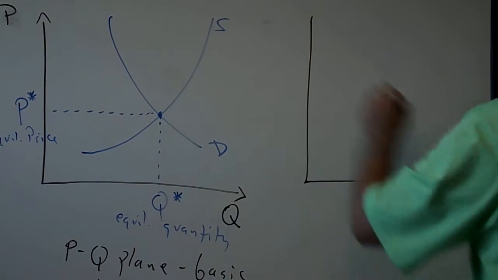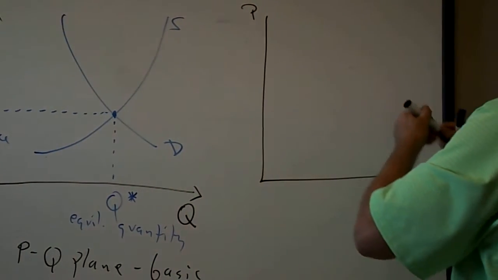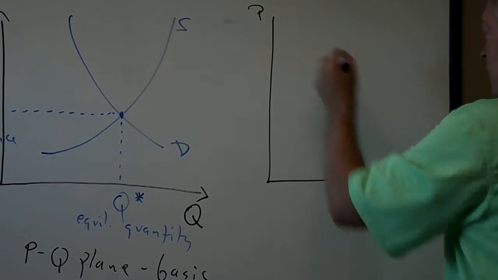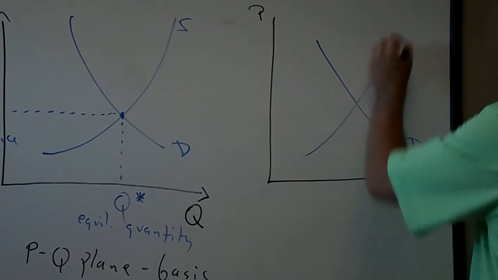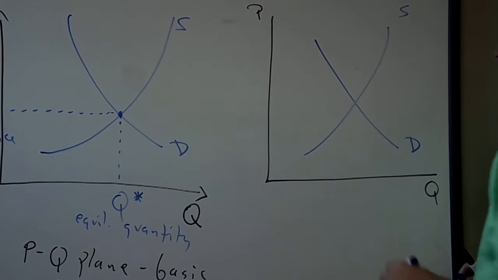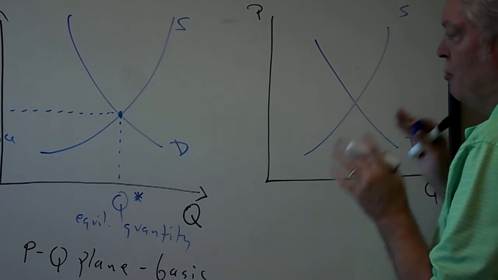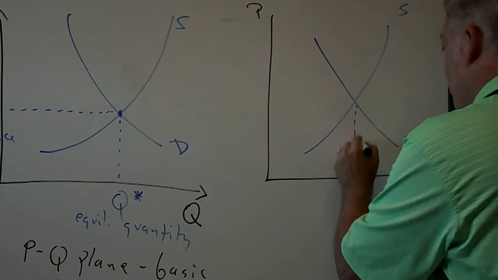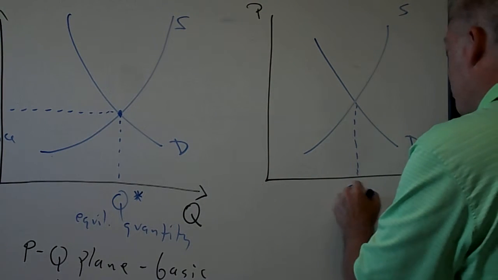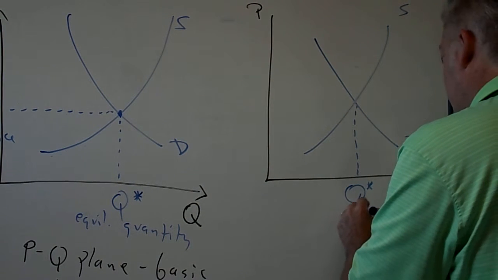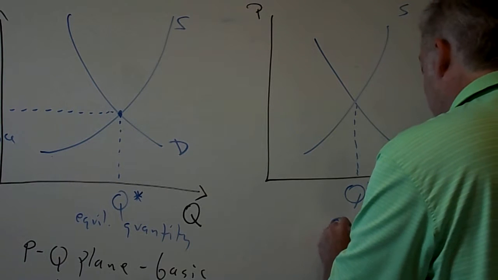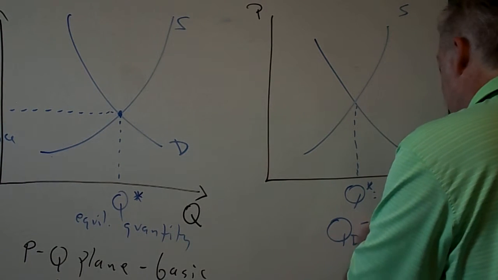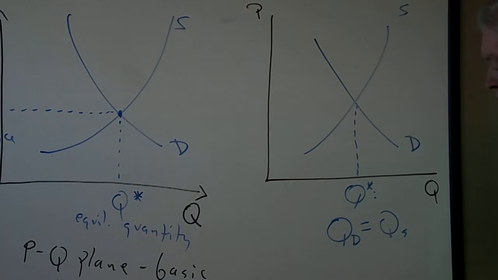If we take a PQ plane and draw a demand curve that's downward sloping and a supply curve that's upward sloping, like that, then what about these relationships between price and quantity demanded and price and quantity supplied? We can simply say that at the equilibrium quantity is a condition in which the quantity demanded equals the quantity supplied. The quantity demanded equals the quantity supplied.